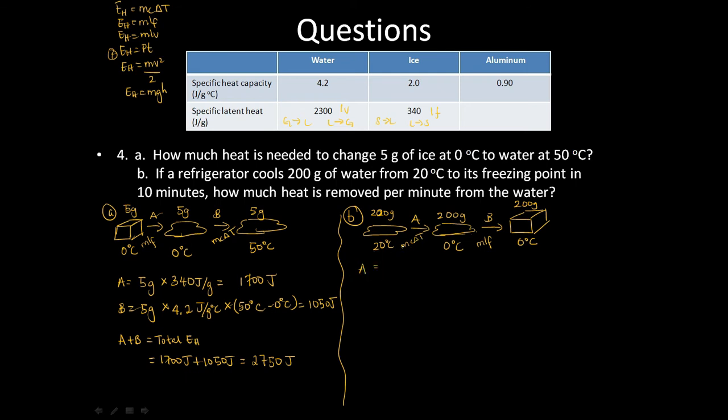So we're going to say mass, which is 200 grams, times 4.2 because we're dealing with water. The specific heat capacity, C, is in joules per gram degree Celsius, times the temperature change, which is 20 minus 0, and then B would be 200 grams times the latent heat of fusion of ice, which would be 340 joules per gram.